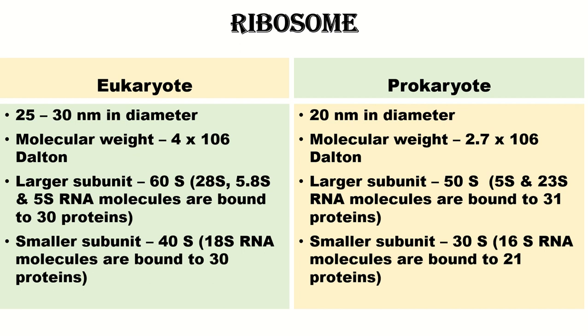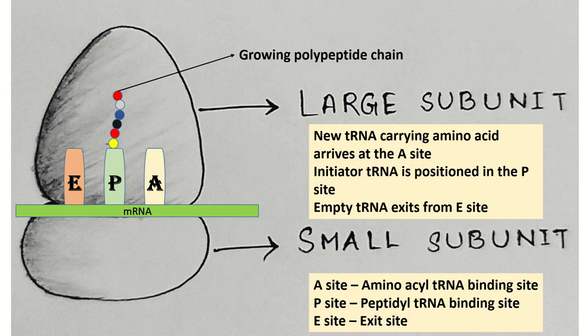The larger subunit of ribosome in prokaryote has got 5S and 23S RNA molecules which are bound to 31 proteins. The smaller subunit, the 30S one, has got 16S rRNA which are bound to 21 proteins. So this is a brief comparative study about the ribosomes which are found in eukaryotes and prokaryotes.